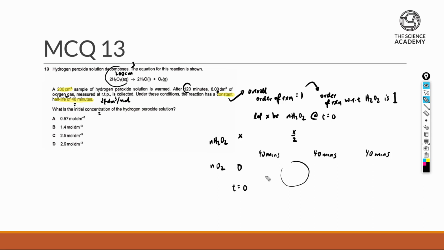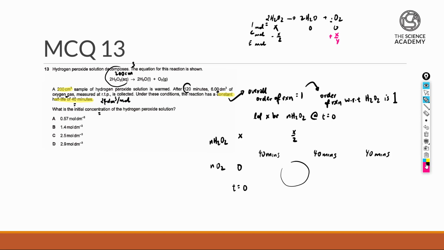Maybe a small simple ICE table will do the trick here. 2H2O2 becoming 2H2O plus oxygen in terms of mole. If we start off with X mole, I'm going to have a half, minus X over 2, based off the ratio of 2 to 1. Alright, it should actually be a plus X over 4, because I need to divide the mole change by 2 because the ratio is 2 to 1.